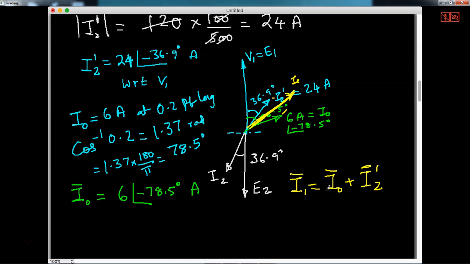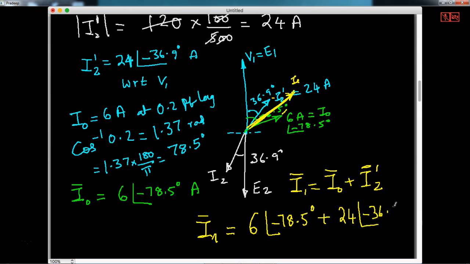So how to do vector addition? I1 is equal to 6 angle minus 78.5 degrees plus 24 angle minus 36.9 degrees. So this addition I have to do.